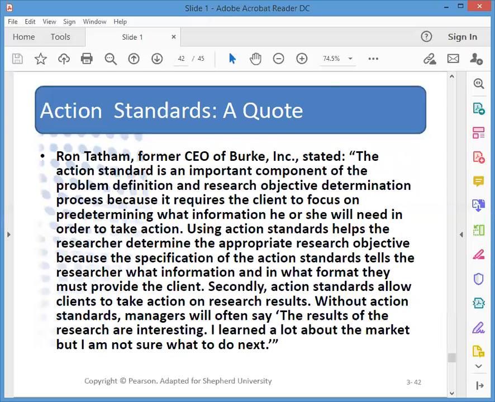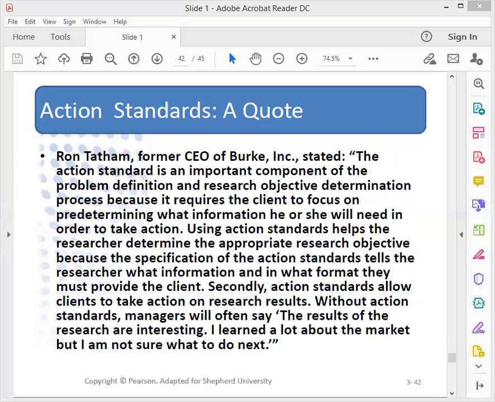So, action standards require the client to focus on deciding in advance what information he or she will need in order to take action. And secondly, action standards allow clients to take action on research results. Without action standards, managers can often say, the results of the research are interesting. I learned a lot about the market, but I'm not sure what to do next.